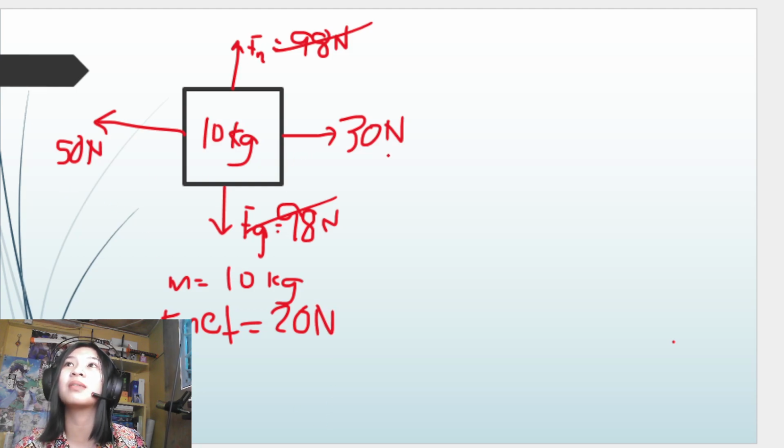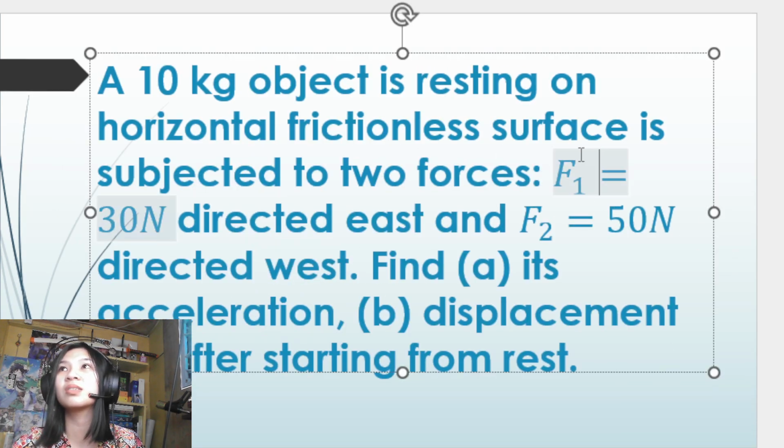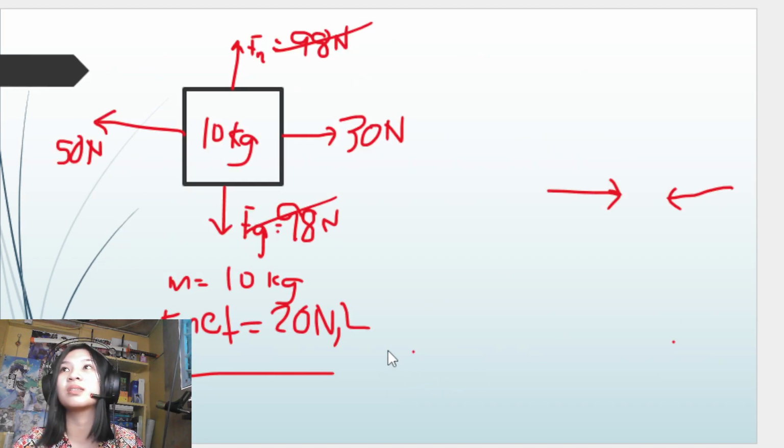Of course, the 50 is on the left. Left or west, because they stated west and east. So you can write west.